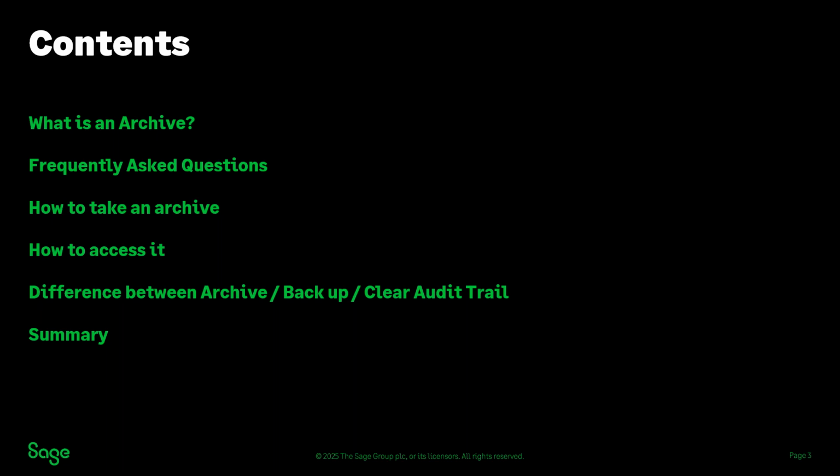We've also have some frequently asked questions from other sessions as well. There will also be some demonstration on how to take an archive and how to access it. We'll also look at the differences between an archive, a backup, and the clear audit trail process. And then towards the end of the session, I will summarise what we've talked about, and we'll also then look at upcoming webinar sessions as well.